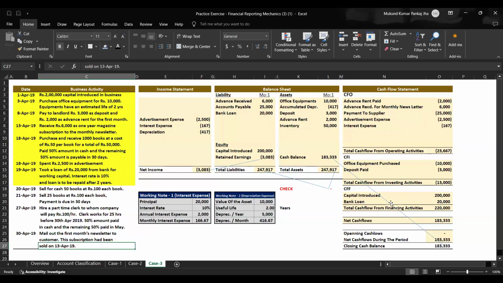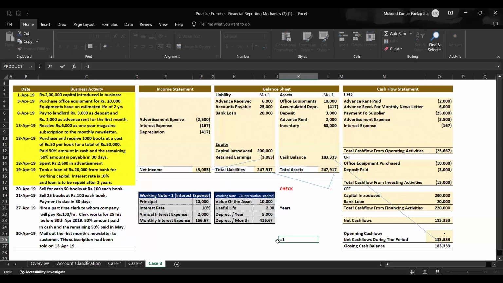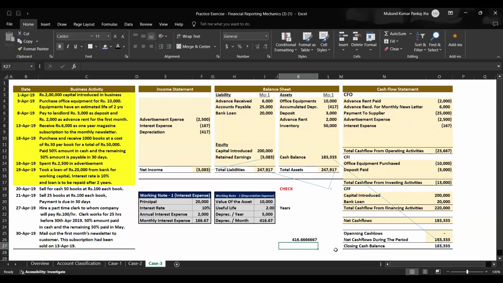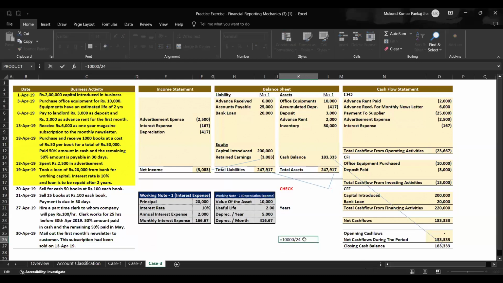In 2 years, you total have 24 months. So if I divide this 10,000 into 24 months, 416 or 417 rupees approximately worth of asset you have already used. And the remaining part is the residual value, or book value, of the asset.